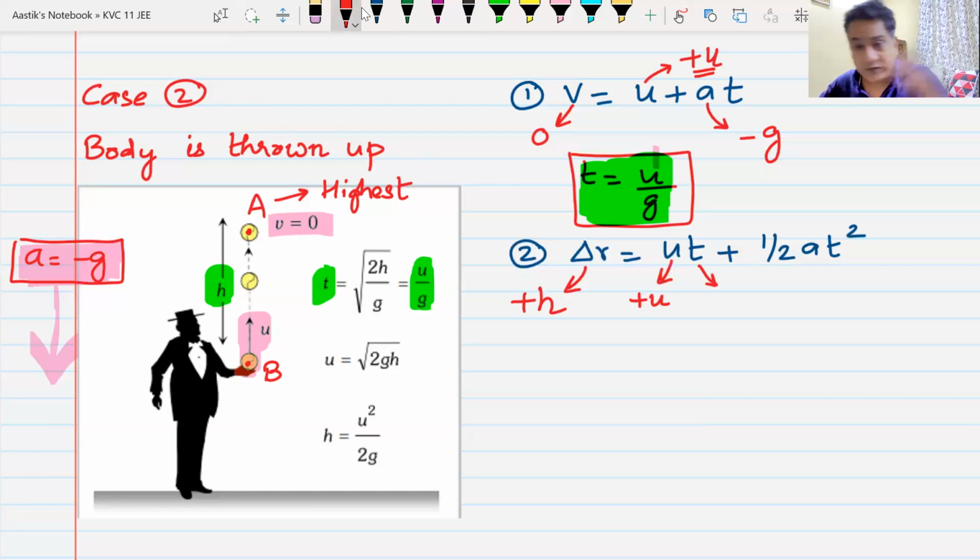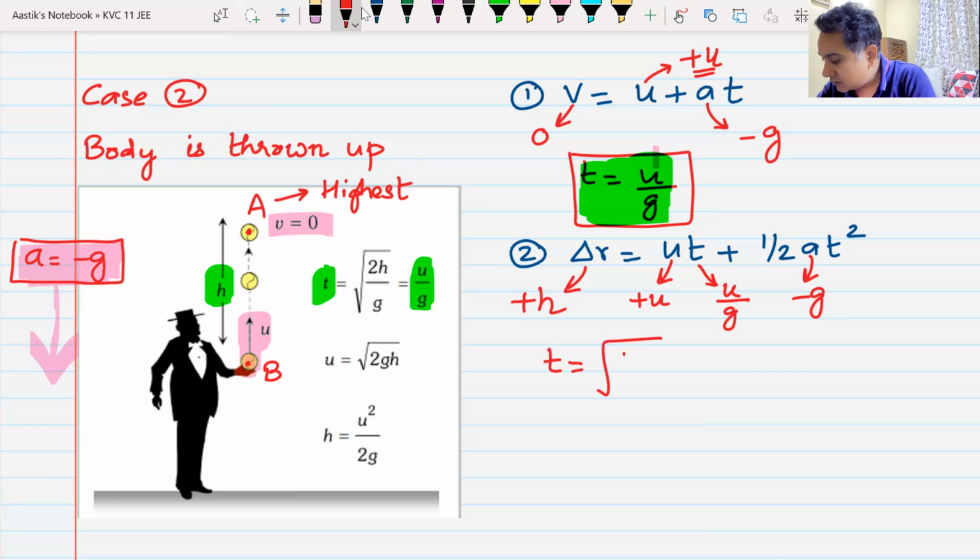Time is known to me, time is u by g. Acceleration is known to me, minus g. If I put all these values in this equation, I will get the second value of time.